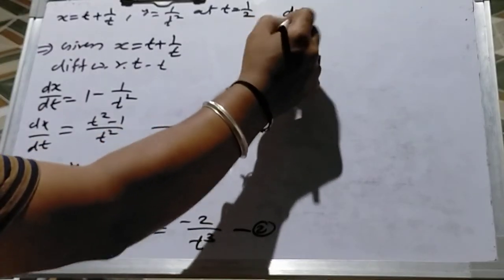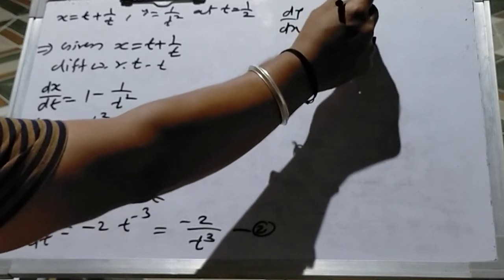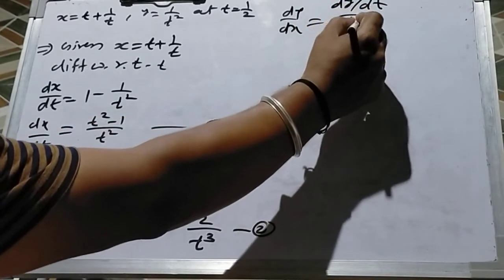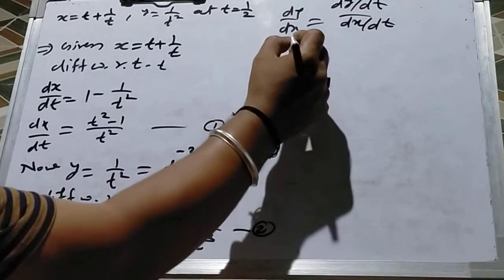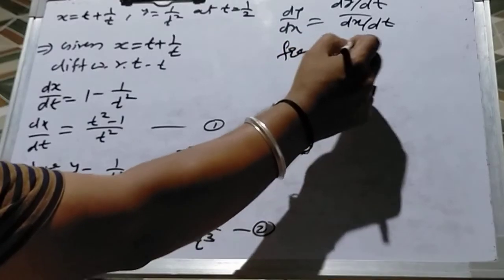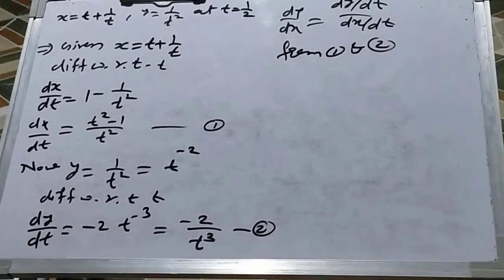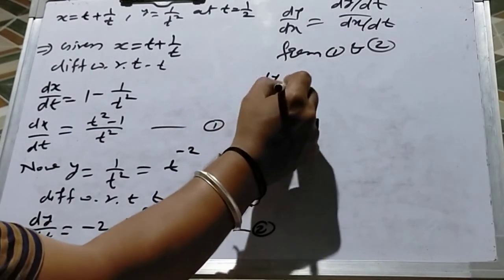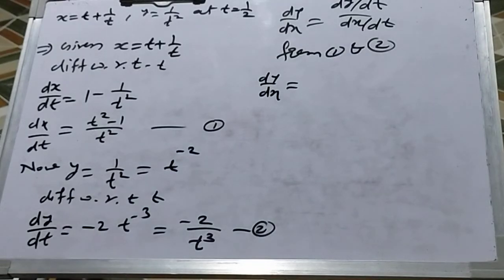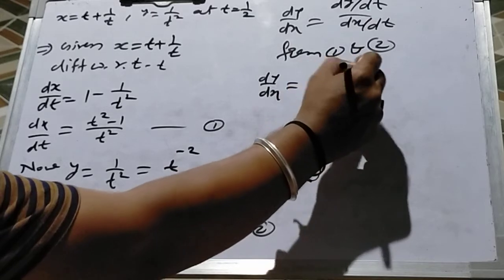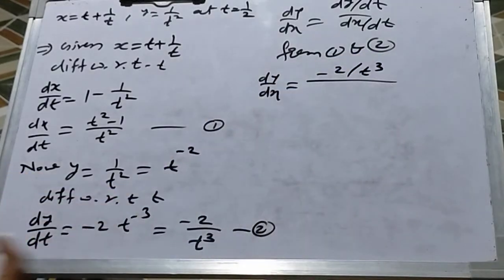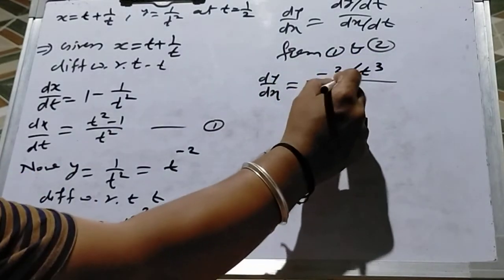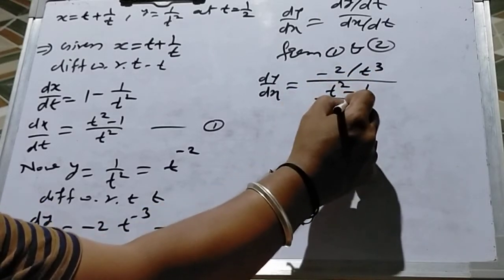So we know dy by dx is equal to dy by dt divided by dx by dt. So from 1 and 2 we put the values of dy by dt and dx by dt. So here dy by dx is equal to minus 2 divided by t cube, divided by 1 minus 1 divided by t square.